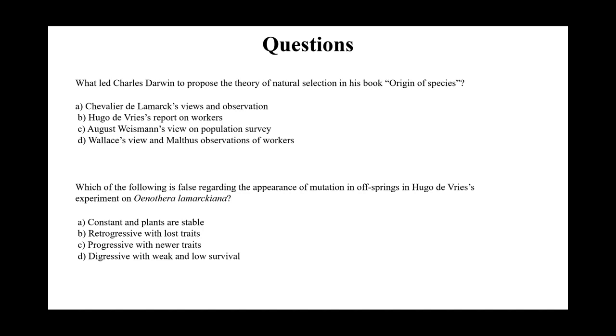Because of a mutation, you can lose a trait, you can gain a trait, and you can have low survival as well because that mutation doesn't know which way to go. But if they are constant and plants are stable, then you have no opportunity to have mutations and then you do not evolve. And that's not what we observe. So that's why the first option is wrong when you think from the de Vries experiment.